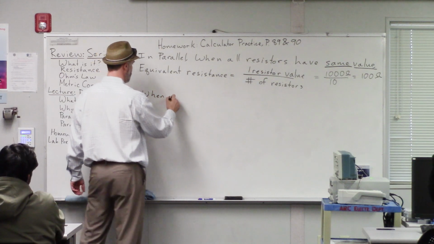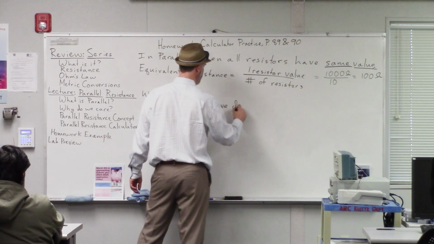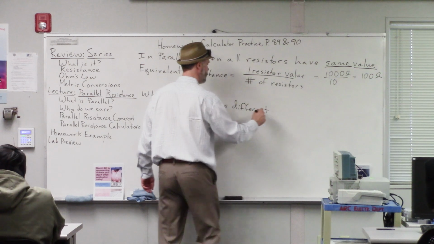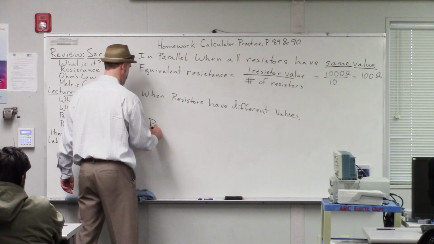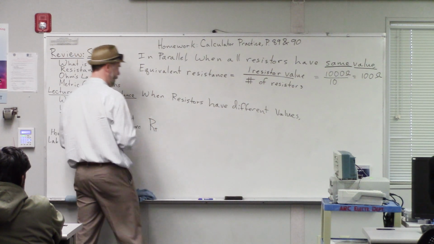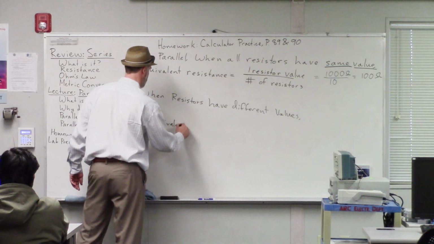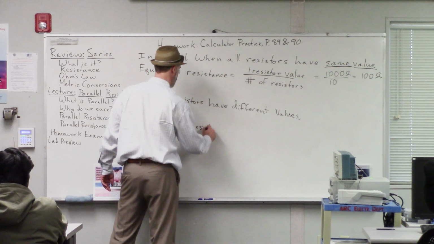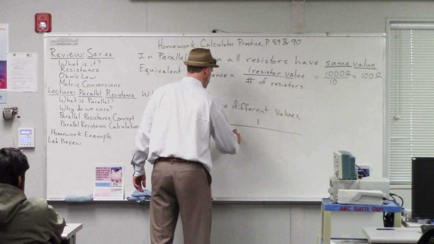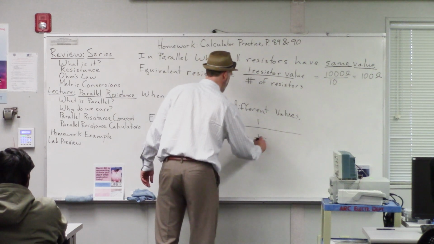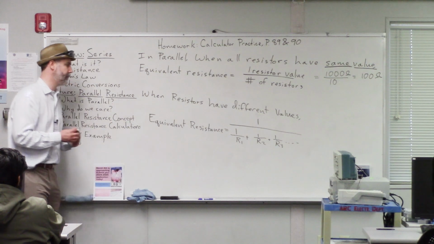But when resistors have different values, we say that R total, the total resistance, or the equivalent resistance, let's just write it out, equivalent resistance equals 1 divided by 1 over R1 plus 1 over R2 plus 1 over R3, and so on, for however many resistors you have. Okay?